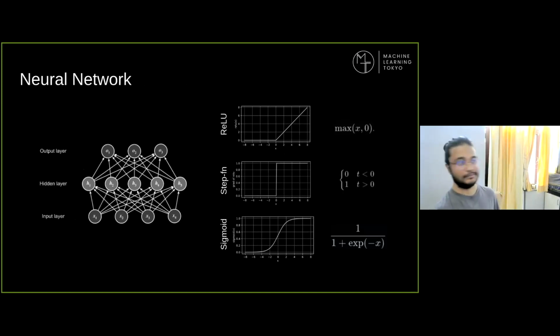That is one of the reasons why neural networks are so powerful, because they have activation functions that are non-linear, and they can model a basis function on the go. You don't have to specify it previously, right?